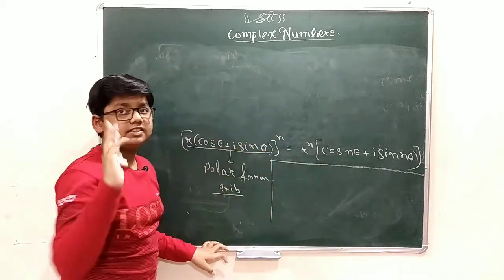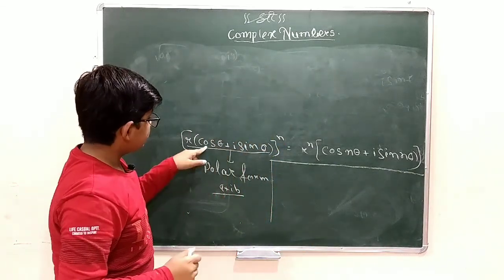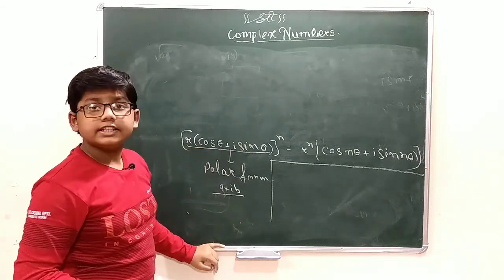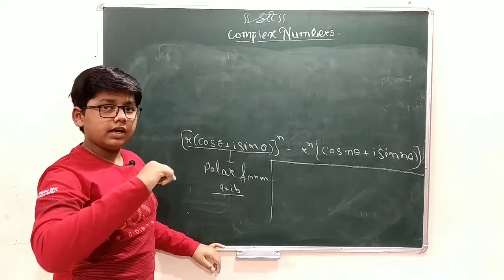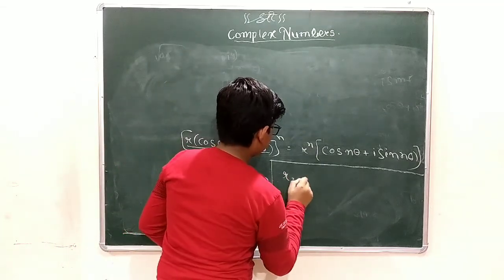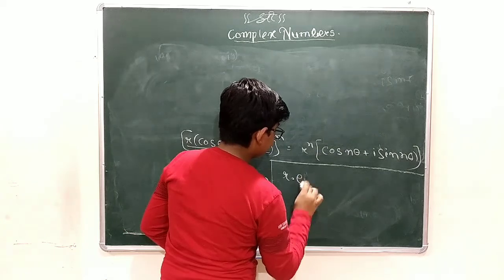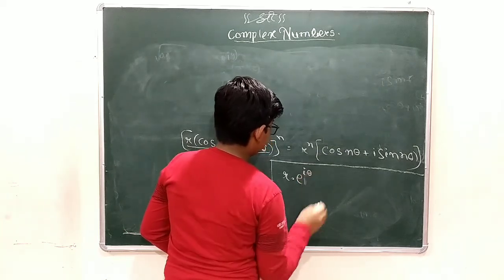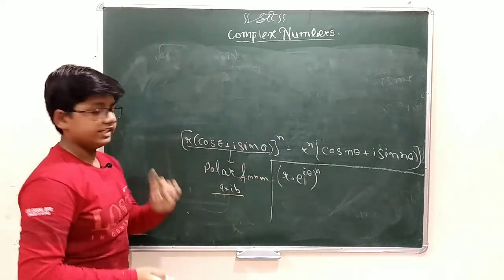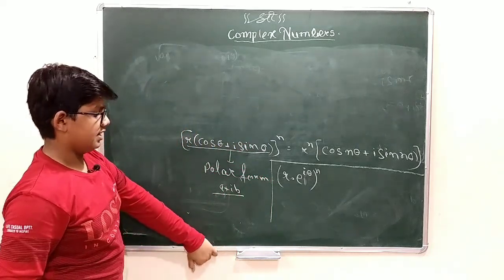We need just 3 steps. But how? We know that r into cos theta plus I sin theta can be expressed as r into e to the power I theta. So (r into e to the power I theta) whole to the power n can be expressed as the LHS.